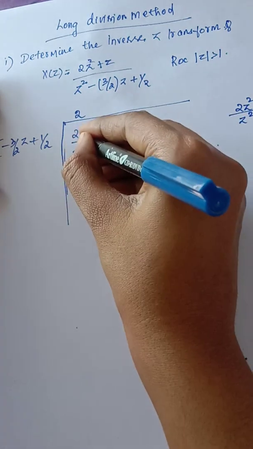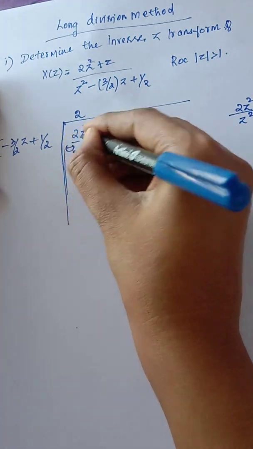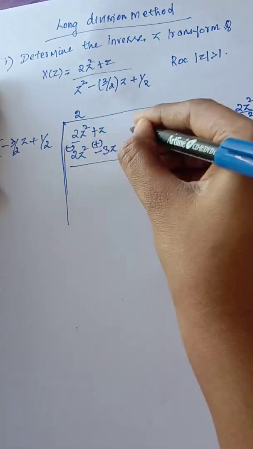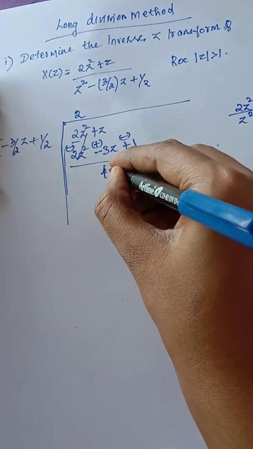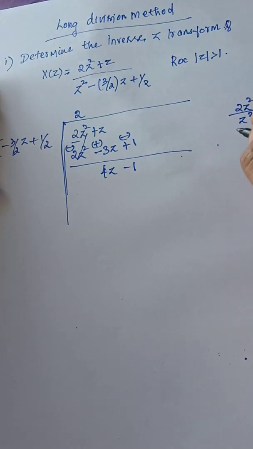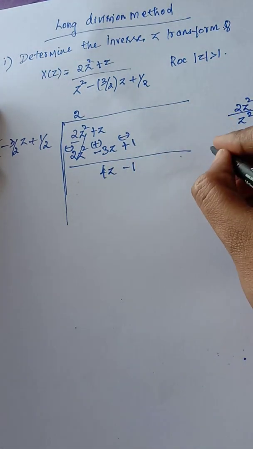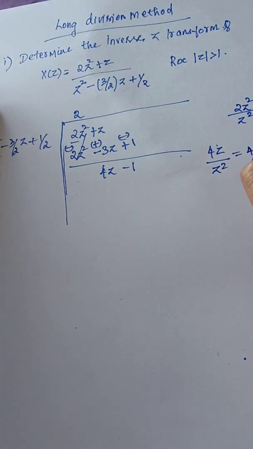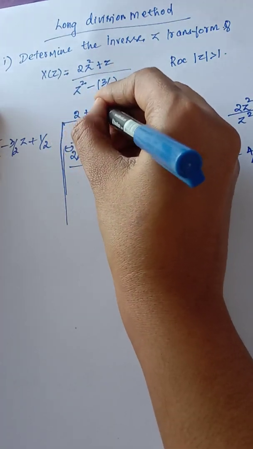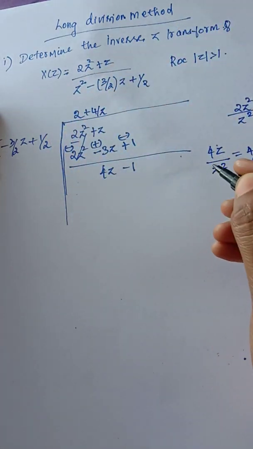Then change the sign, minus here, plus here, so this will get cancelled, and you will get 4z minus 1. Now take that term again, 4z divided by z square, so what you will get is 4 by z, which I will directly write; after that we will write it in terms of z inverse.